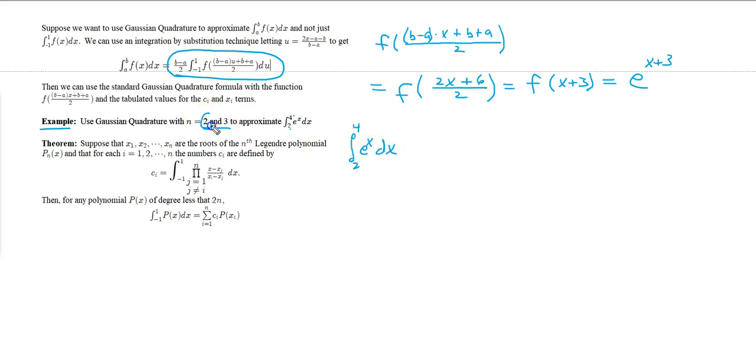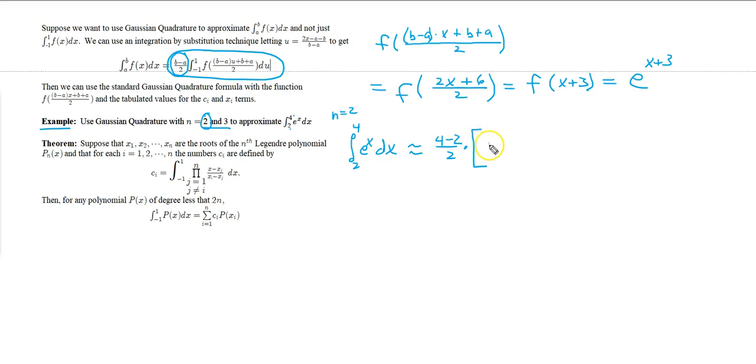Now let's see, using n equaling 2 first, using those nodal values, remember the c's are 1, x1 is -1 over root 3, x2 is positive 1 over root 3. We're going to get that this is approximately equal to, now remember I have a (b minus a) over 2 that has to appear out in front. That actually just turns out to be 1, right? (4 minus 2) over 2, times, and then I'm going to use my Gaussian quadrature to approximate the integral here.